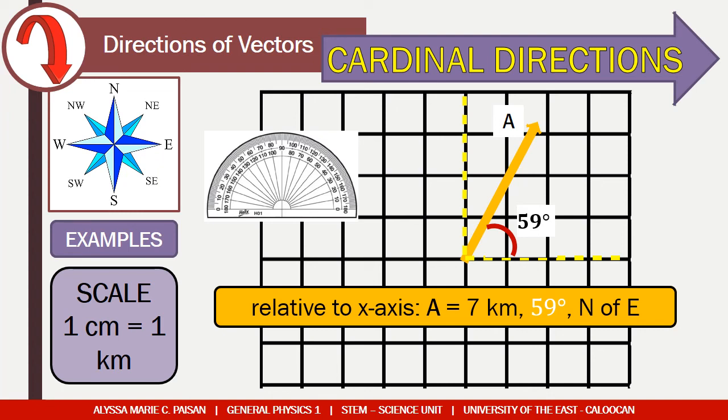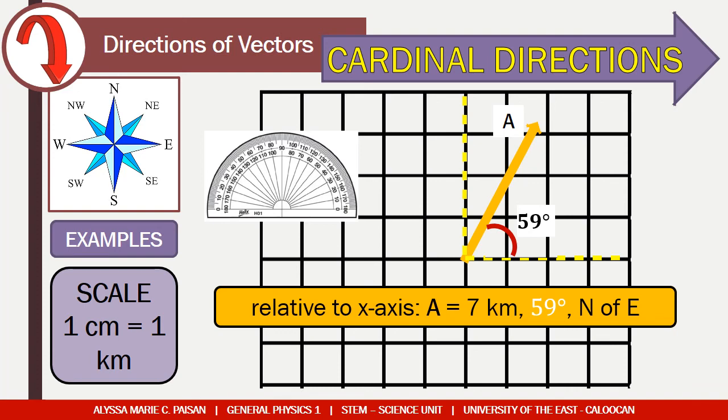That's the format, di ba? Tapos naman, in the secondary direction, we have the letter again that represents the vector, and then the equal sign, and then the magnitude together with its unit, and then comma, either northeast, northwest, southeast, or southwest.